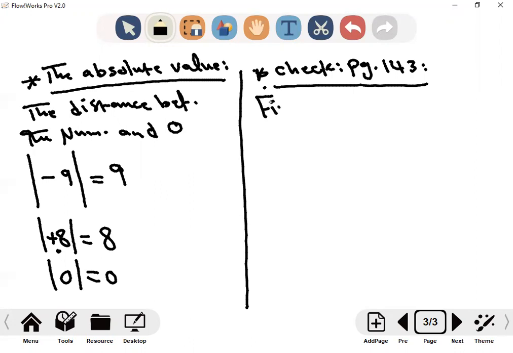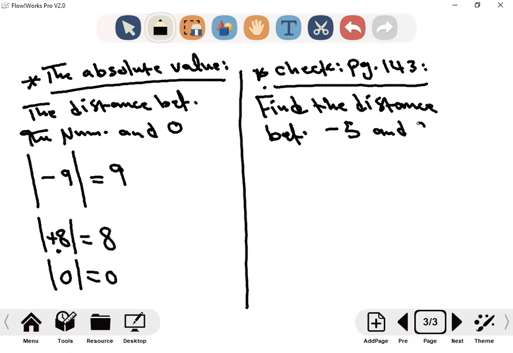Find the distance between -5 and 9. I will use the number line.